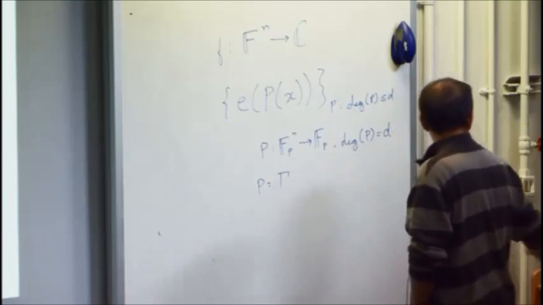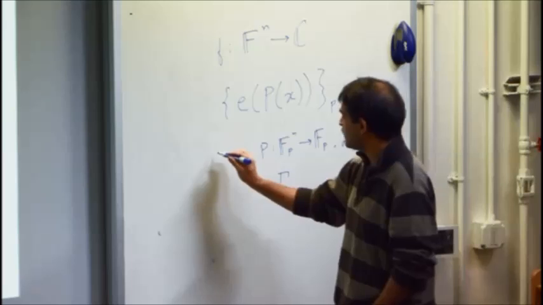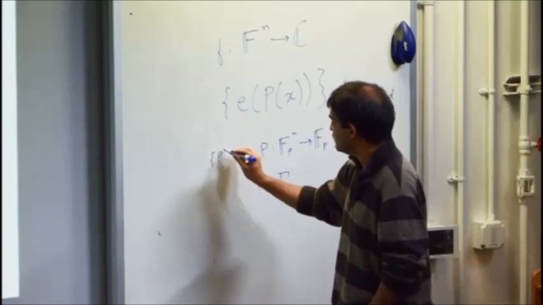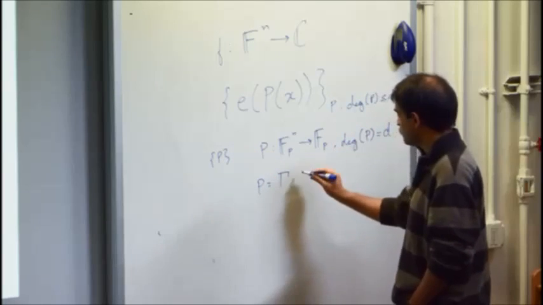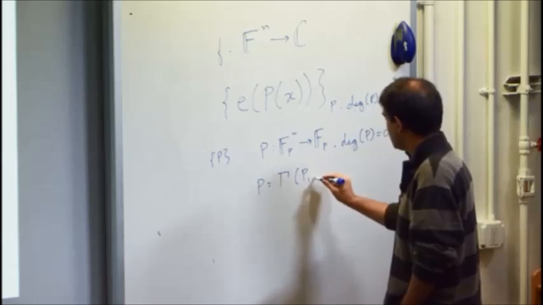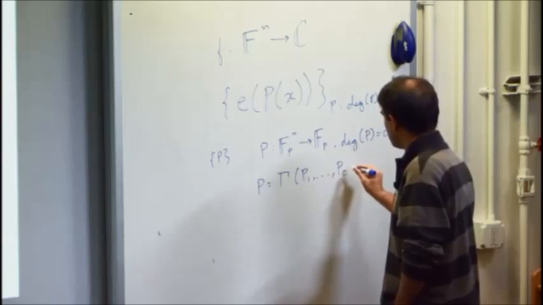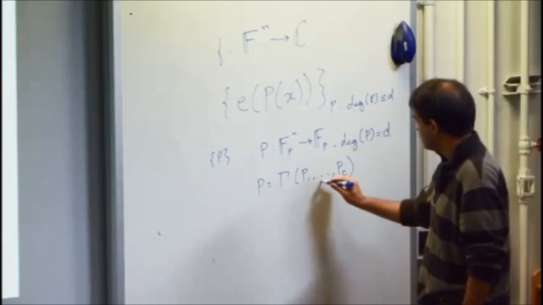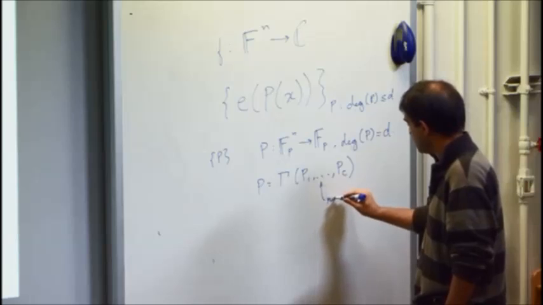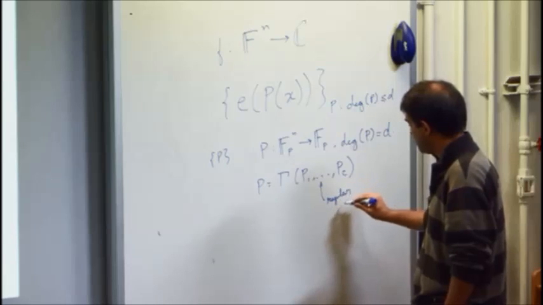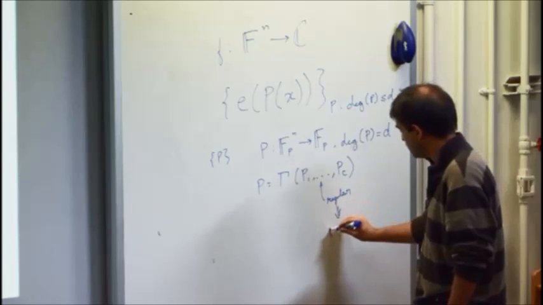You start with the collection of polynomials which is just p, and then you get to a collection of polynomials p1 through pc which is regular and hence pseudorandom.